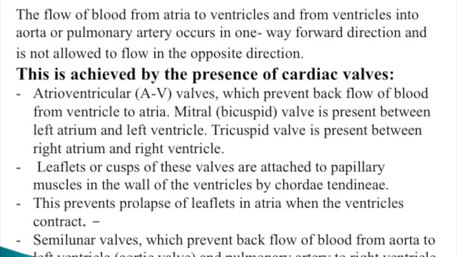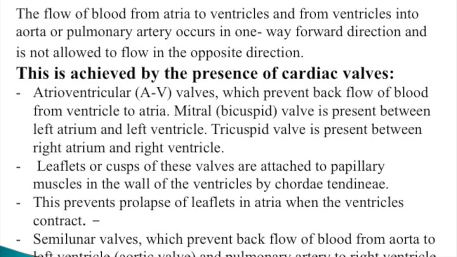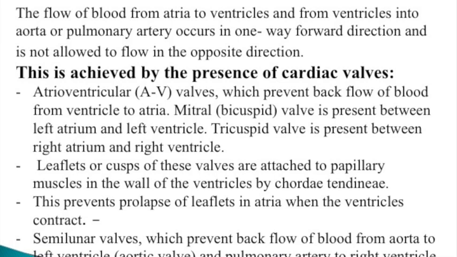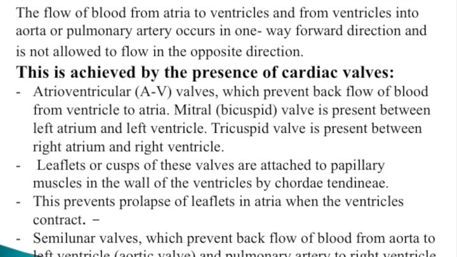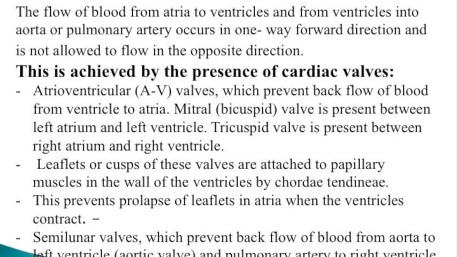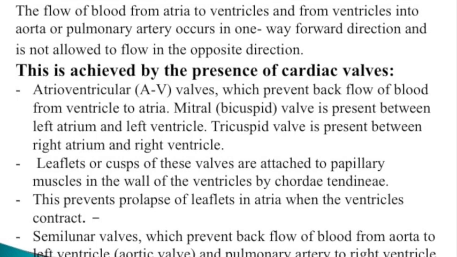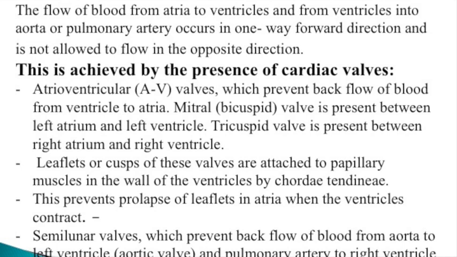There is one specific point we would like to explore in more depth. Have you ever asked yourself why the flow of blood from atria to ventricles, and from ventricles into the aorta or pulmonary artery, occurs in one forward direction and is not allowed to flow in the opposite direction?